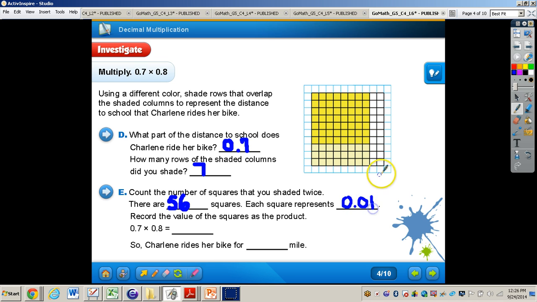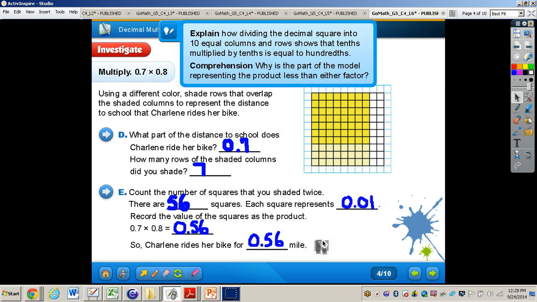Because it's in a 100 grid, so each little square you can see represents 1/100th. All right, now based upon this, we can see that 7/10 times 8/10 is 56 hundredths. Why 56 hundredths? How do we know that? Because we have 56 squares that were shaded in 2 times. So we know, based upon this model, that Charlene rides her bike for 56 hundredths of a mile.